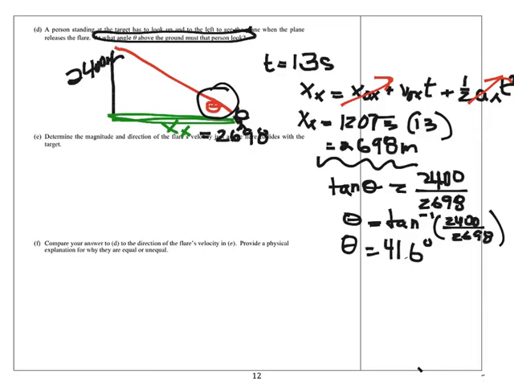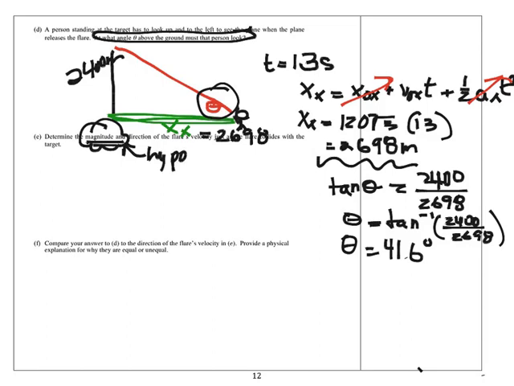Alright, in the next part we want the magnitude and direction of the flare's velocity just as it collides with the target. So magnitude means size, and if we have something that is pointing in a given direction, we need to find the hypotenuse.